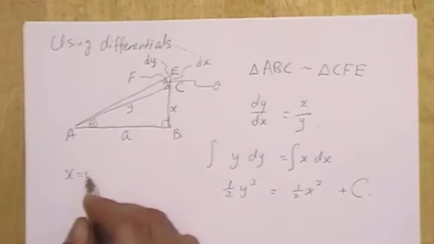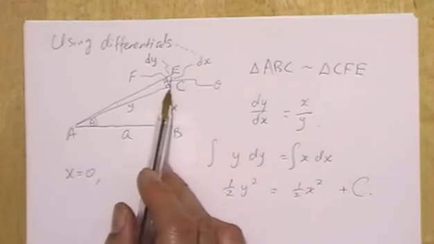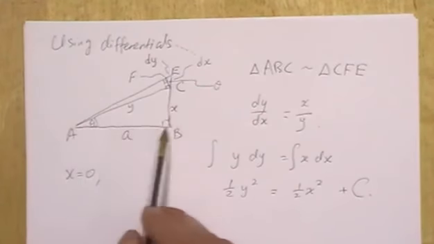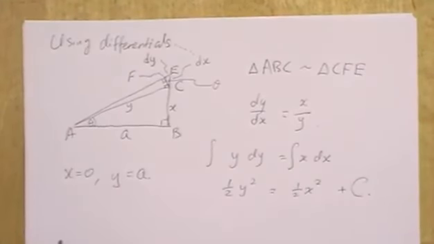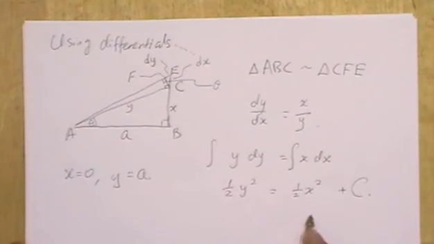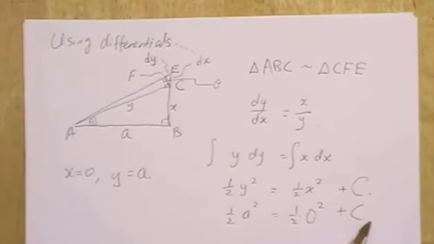So when x is 0, y would then coincide with this side, because if this side comes down to 0, the triangle collapses and y just falls flat on the side A. So y is equal to A. So that means we have this relation, connection, that when x is 0, y is A. So we can substitute this into the equation. And this gives us a way to find C. In fact, we've just found it. C is equal to half A squared.